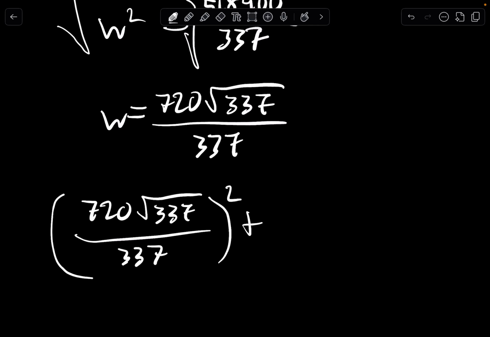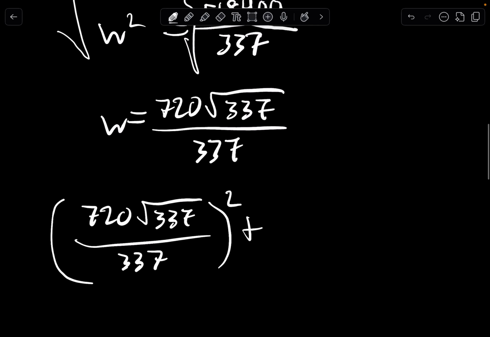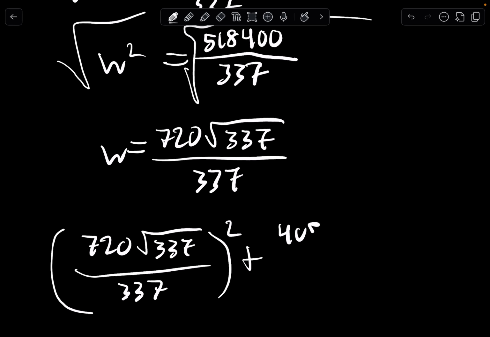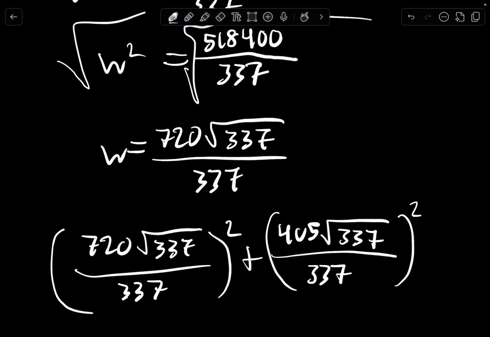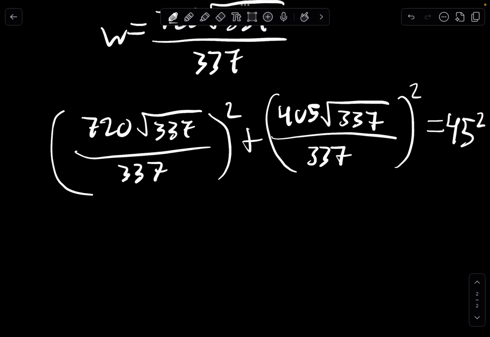But guys, you should learn how to do that. Whoa, 45 squared, yeah, 45 squared right there. And let's get to simplifying.